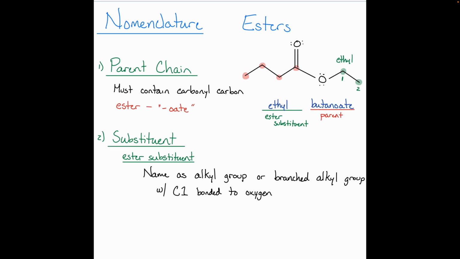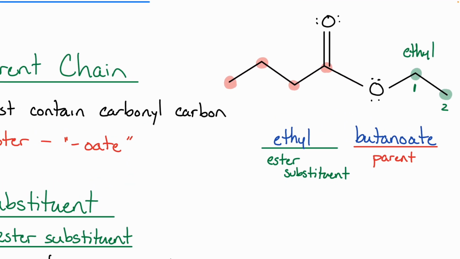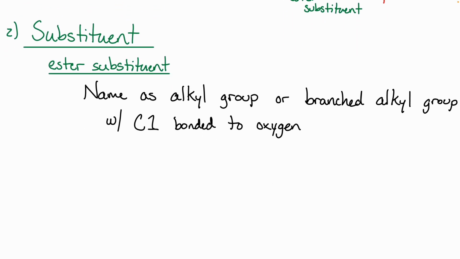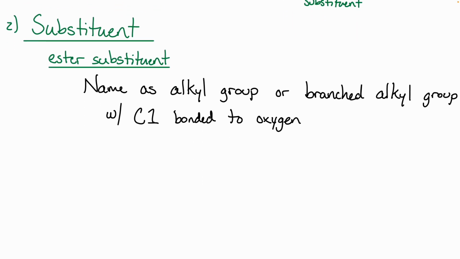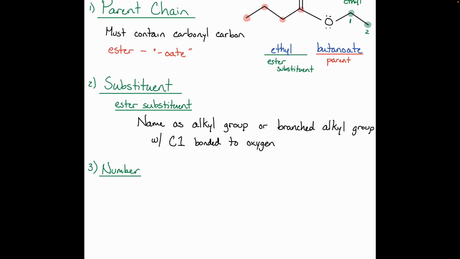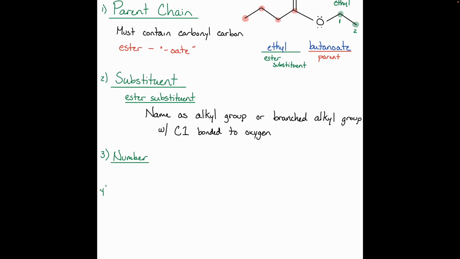Cool. So what we're going to see is for our esters, our names have these two chunks to them, these two halves. All the information of our parent chain is in this parent chain portion of our name, and all that other bit, which we're going to call our ester substituent, is going to be in a word sitting out front. And we number our parent chain the same way. That carbonyl carbon is necessarily carbon 1.